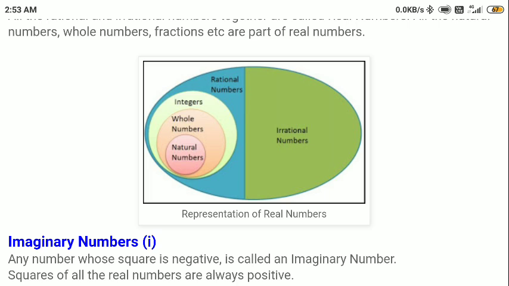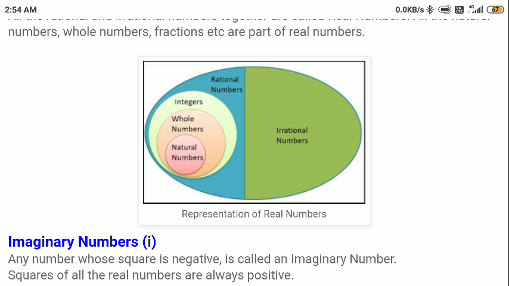Similarly, we move to rational numbers, and doing so we learnt about fractions. Along with the integers, we have so many fractions. Integers can also be converted into fractions by putting 1 as the denominator. So all the numbers which can be represented in the form of fractions or quotients p by q, where q is not 0, we call rational numbers.